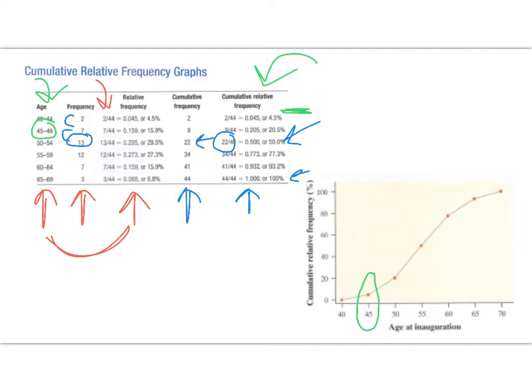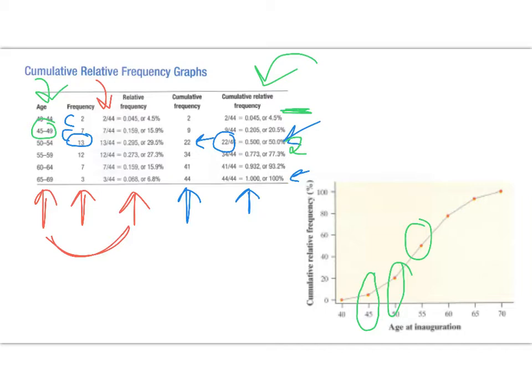So this 20.5 for the 45 to 49 age range, the 20.5% would be plotted at the age of 50. The 50% from the 50 to 54 age range would be plotted at the lowest age in the next bin, which would be 55. So there's my 50% dot right there at 55.